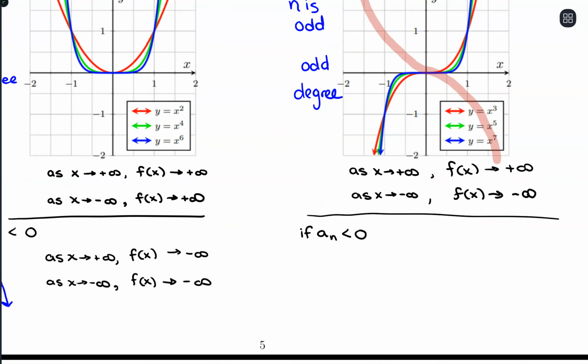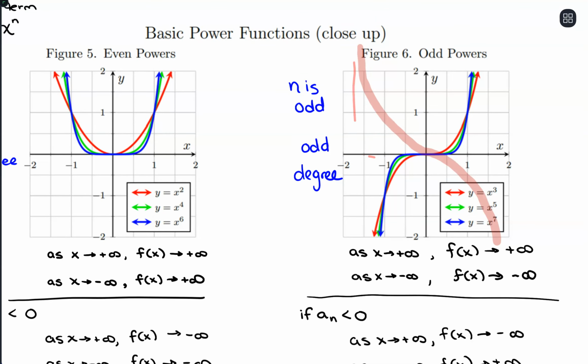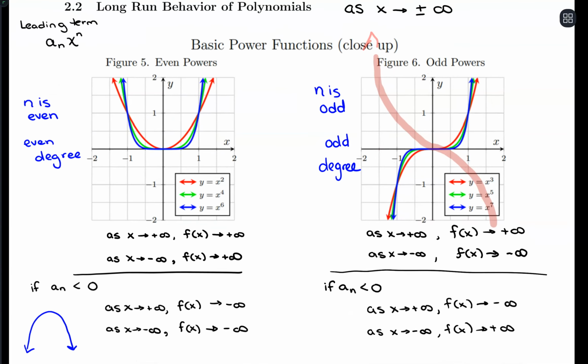So with that, our long run behavior is going to switch. As x approaches positive infinity, now f of x is going off to negative infinity. And as x approaches negative infinity, our function would be approaching positive infinity, since as we go to the left-hand side of the graph, our function's getting bigger and bigger and bigger.